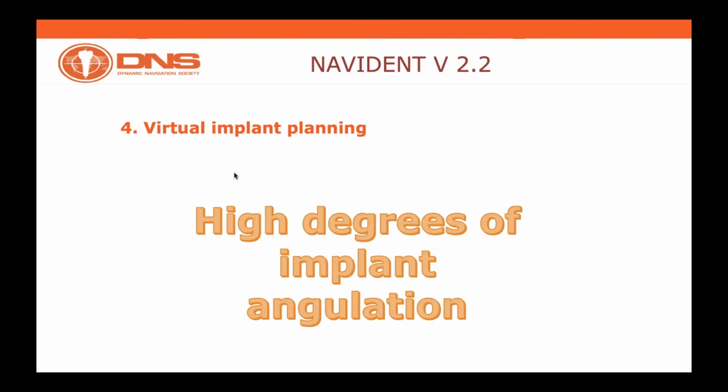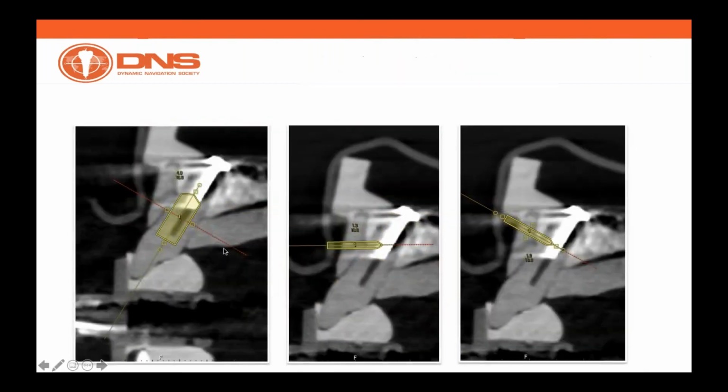And I want to introduce you with another option, which is available, which is the opportunity now to have high degrees of implant angulation. We do know that implants are usually planned vertically, or they do have an angle that usually is below 45 degrees.